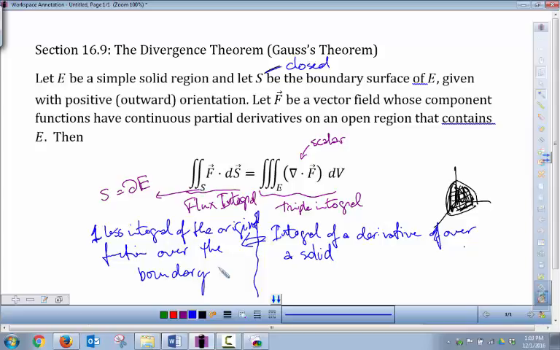Now, if you look at the little scribble that I did under Stokes' theorem, you'll see that the words almost matched up. We're talking about the integral of a derivative of something. We're talking about one less integral of the original. And we're talking about a geometric object, and on the other side, the boundary of that geometric object.